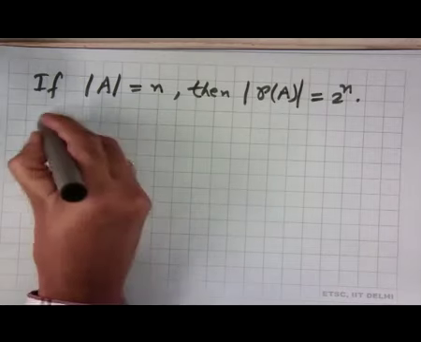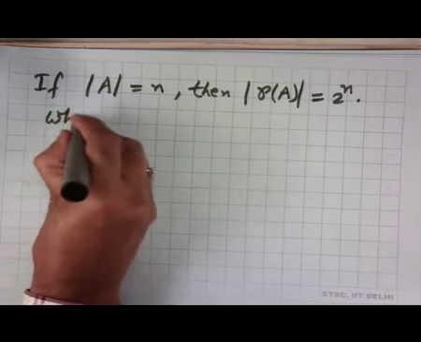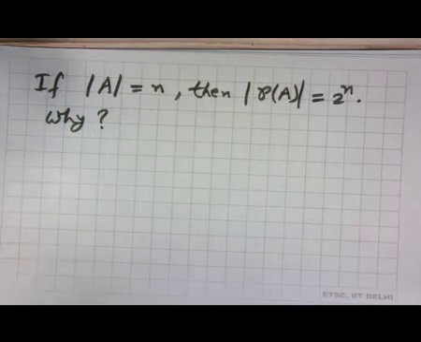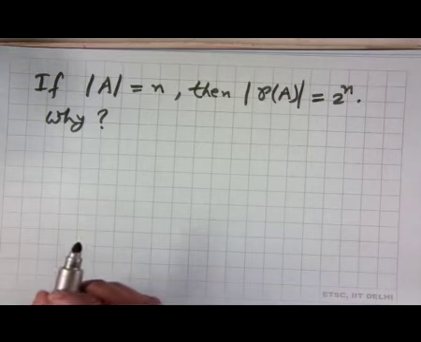Why is this? So, this is exactly like we did for the special example containing 3 elements, when you are looking at the subsets.